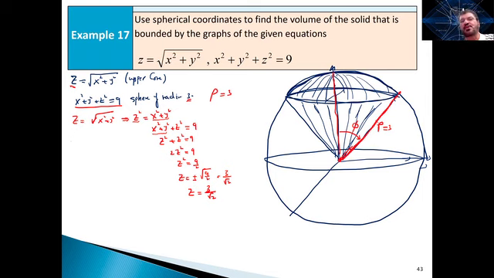To find phi, guys, what do we know about phi? We know that the formula says that z is equal to rho cosine phi, isn't it? Z is already 3 over root 2. Rho, we found it to be 3, cosine phi. Divide by 3. So cosine phi is equal to 1 over root 2. What's the angle that gives me 1 over root 2? Then we know that phi is pi over 4, 45 degrees.